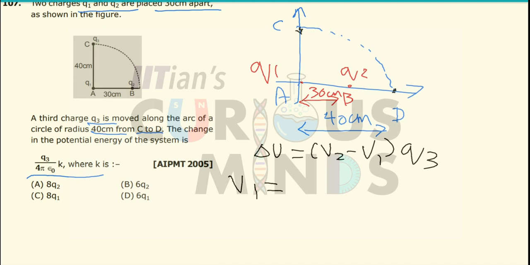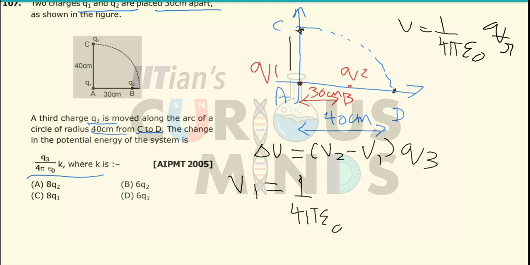Now we have to first find out the potential at C. It will be due to the first charge A, which will be equal to 1 by 4 pi epsilon naught. The formula of potential is equal to 1 by 4 pi epsilon naught Q divided by R. This distance is given as 40, so it will be equal to Q1 divided by 40, plus, due to the charge at B, the perpendicular distance over here, this is 30, this is 40.